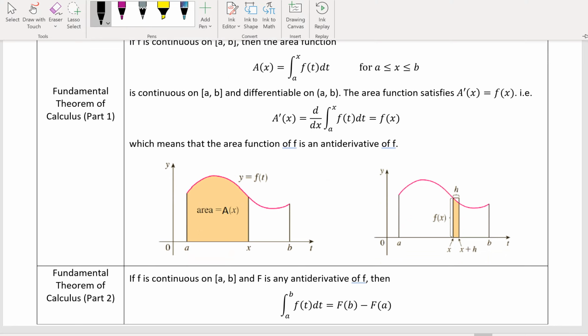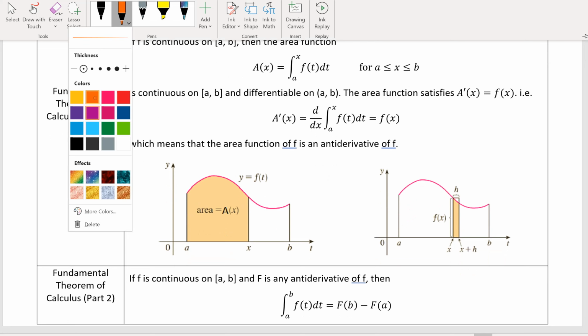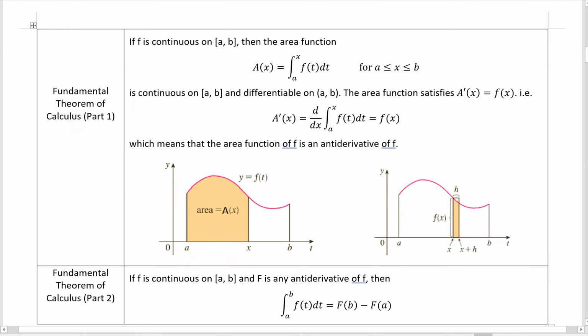Okay, let me change the color. If f is continuous on the interval [a, b], then the area function A of x is the definite integral from a to x of f of t dt. Okay, so you can see the picture. This is the area function, the orange area. And you can see the area function is continuous on [a, b] and differentiable on (a, b).